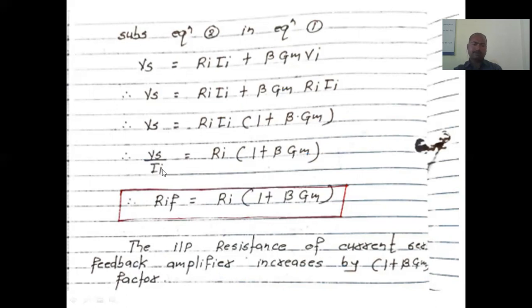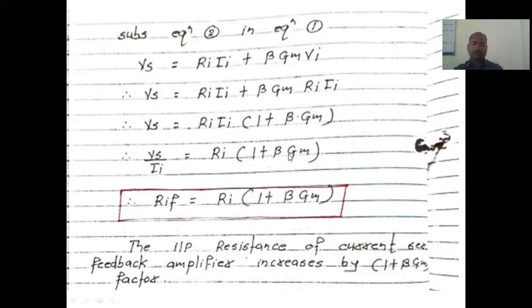V upon I indicates R, related to the input, so Ri. This part is of the feedback amplifier, so it is RIF, the input resistance of the feedback amplifier. So RIF is equal to Ri into 1 plus beta Gm.